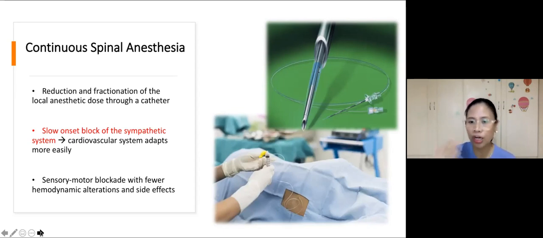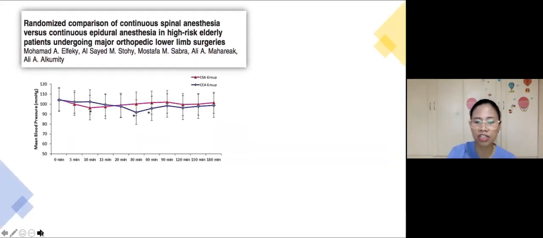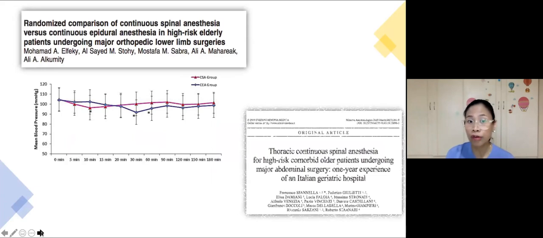So if we give our local anesthetic, like a hyperbaric solution, in increments, then the slow onset of the block will let the cardiovascular system adapt more easily. So there will be no drastic drops in blood pressure or heart rate with this technique. So these papers utilized the continuous spinal anesthetic technique for the high-risk patient for these procedures, and found that indeed there was hemodynamic stability throughout the surgeries. Okay?